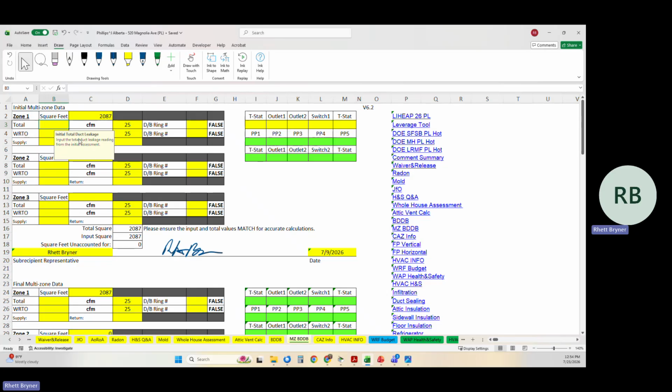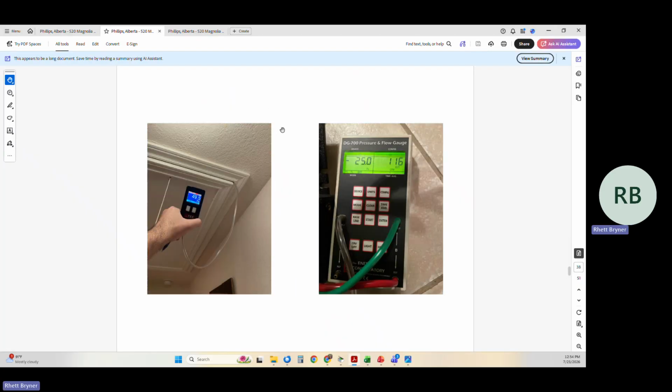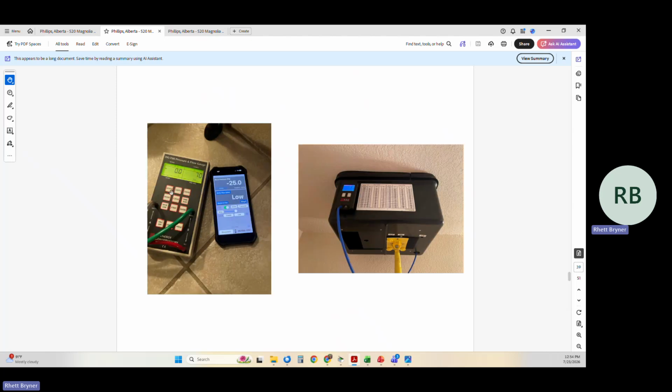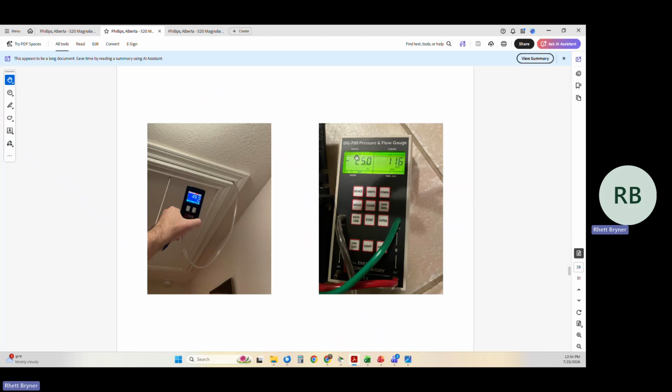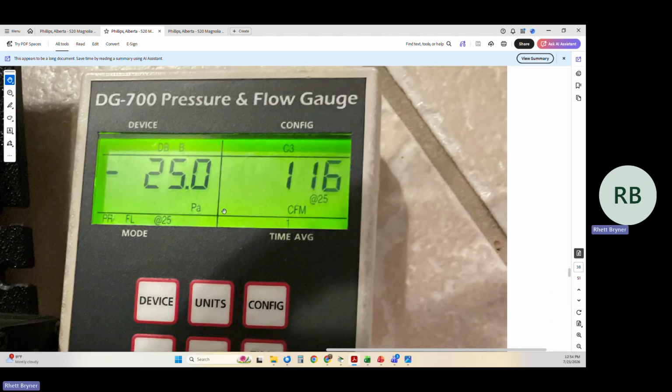Where you're going to get that from is you're going to go back to your photos and look for, in my case, I'm using this manometer for my duct blaster. You're going to look at the photos and capture the information that's recorded here. In this case, you can see with this reading pressure flow at 25, I've got the duct blaster set at -25 in this photo.